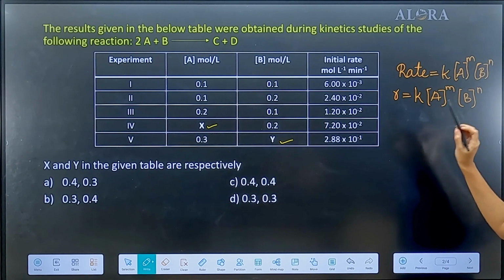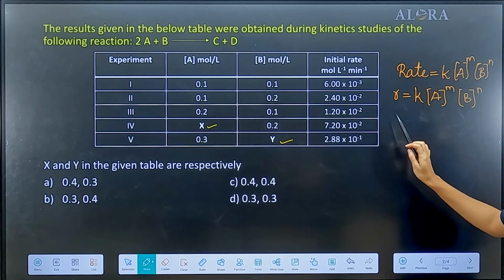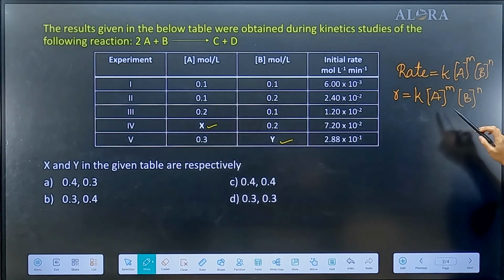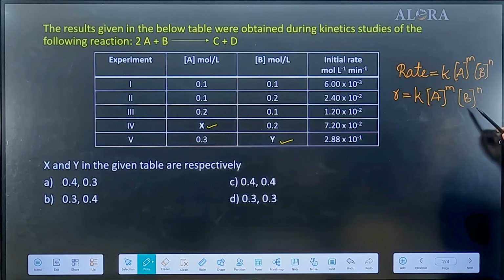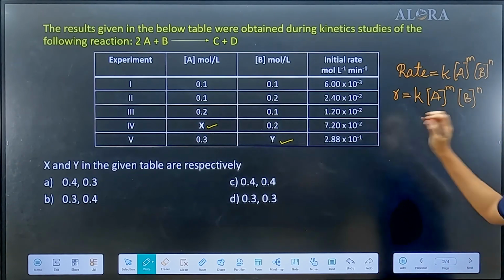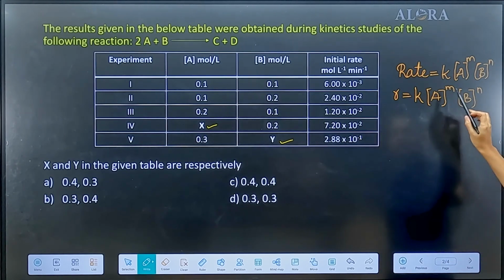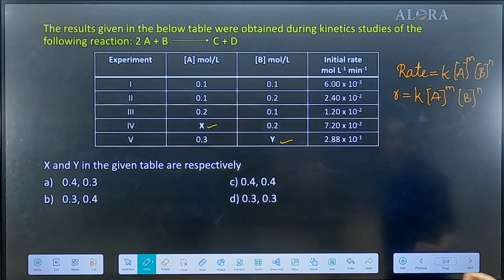Here K is the rate constant, R is the rate of the reaction, A is the concentration, for which the order is M, and for B concentration the order is N. First let us try and find out the order M and order N.